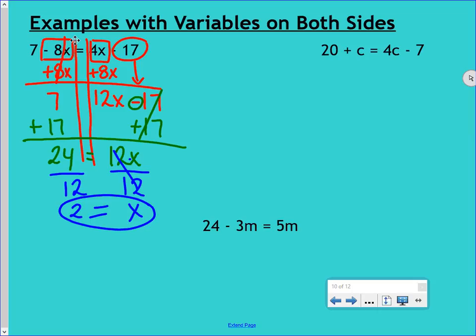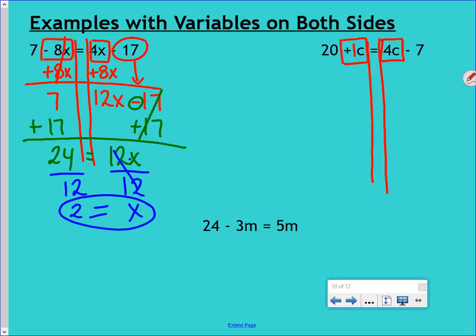Second example, 20 plus c equals 4c minus 7. First off, I'm going to add a 1 here next to the c because no number means there's a 1 there. First step is to distribute. We do not have any distribution, so move to second step. Get the variables to one side. I have positive 1c and positive 4c.